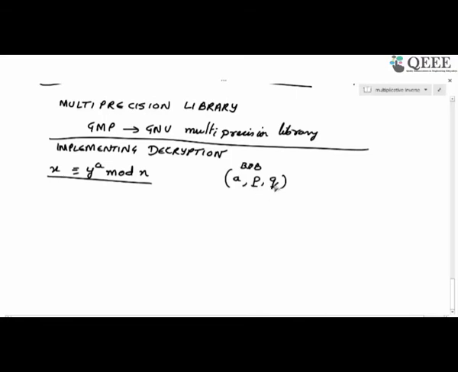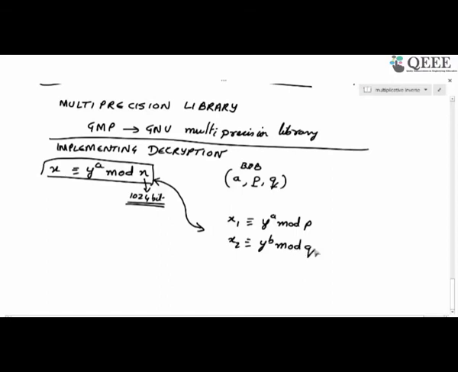Since we know that p and q are relatively prime to each other and Bob knows both p and q, instead of computing this one where n is typically of size 1024 bit and therefore quite time consuming to actually compute, what can be done equivalently is to compute x1 congruent to y power a mod p and x2 congruent to y power b mod q, and then use the Chinese remainder theorem to actually derive this value of x.